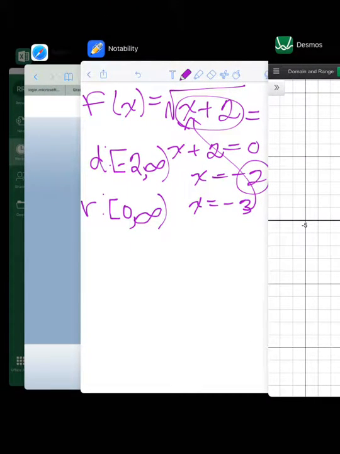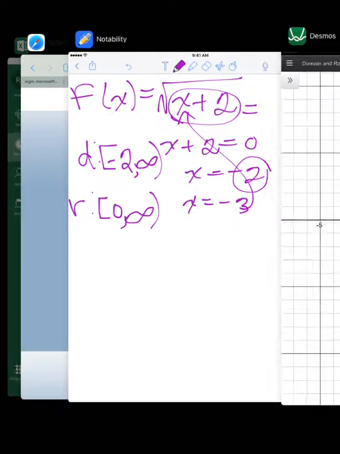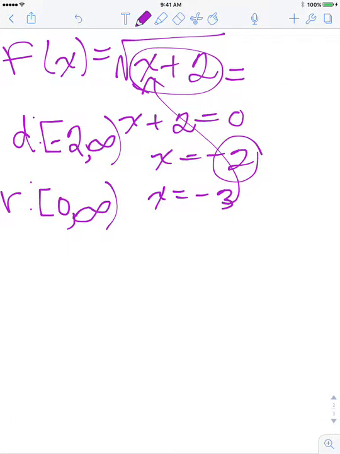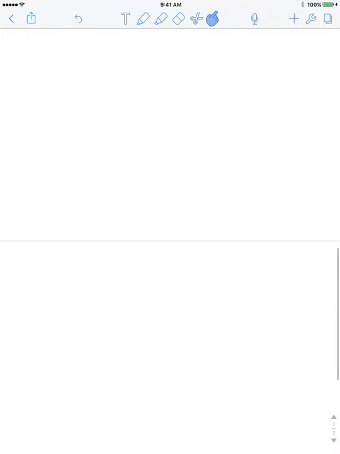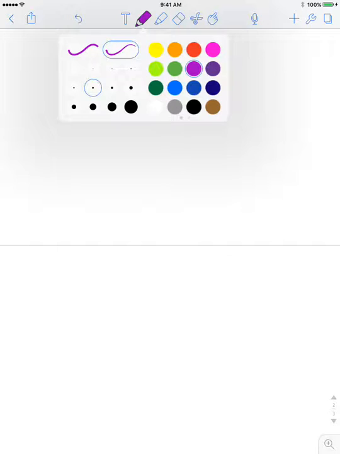All right. Let's take a look at my next function. Okay, square root of negative x. I'm going to move up. You know what? Let's change it up. Let's use a different color this time. Let's go with green.